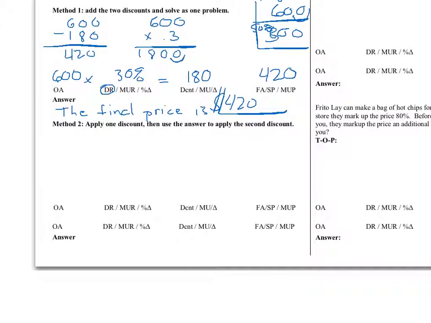Method 2 says that we apply one discount, and then we have to use the answer to apply the second discount. Let's see what that looks like. The original amount is $600. The first discount rate was 20%.